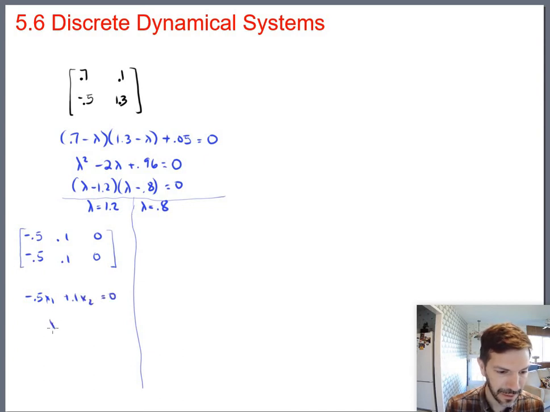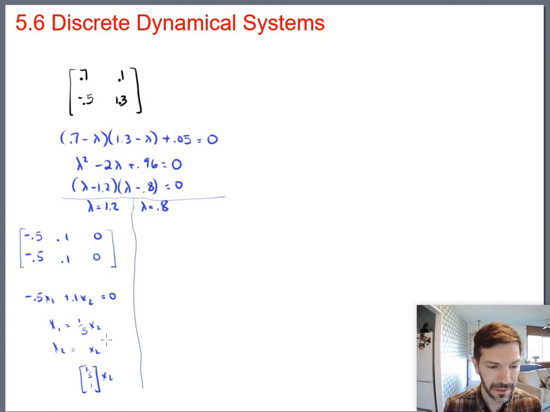So we should be able to solve and say x1 is 1/5 x2, and x2 is free. x2 is x2. So any multiple of 1/5, 1 is the eigenvector for 1.2.